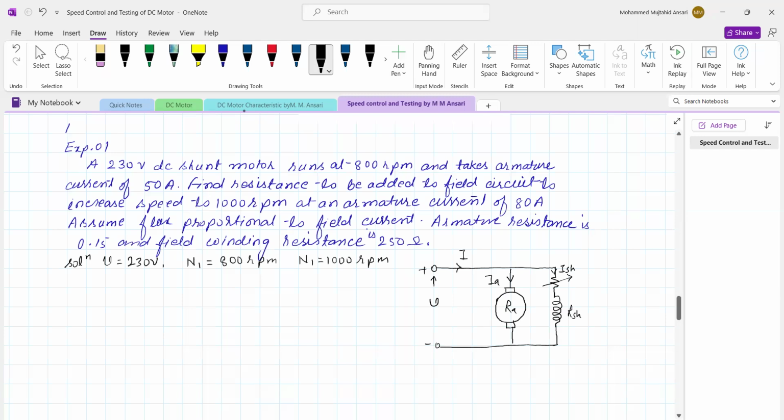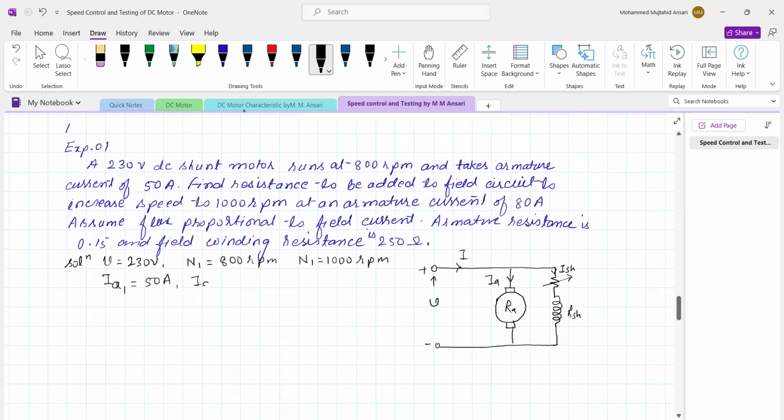So the value of armature current taken by motor is I1. It's not the total current, it's the armature current I1 is equal to 50 ampere.